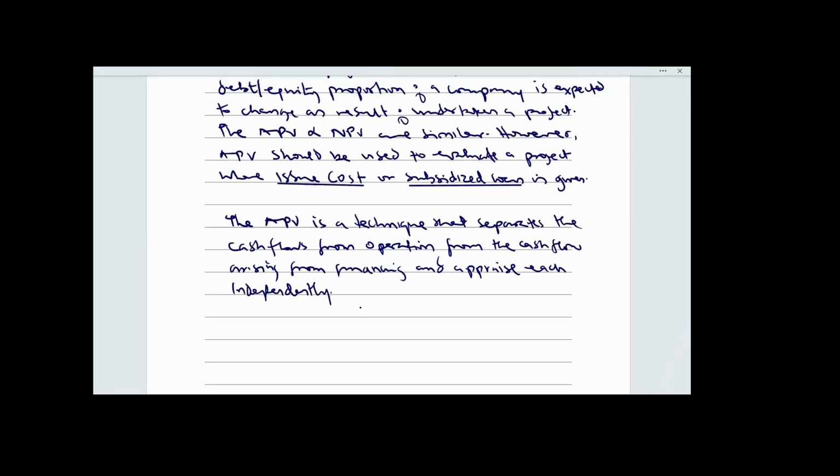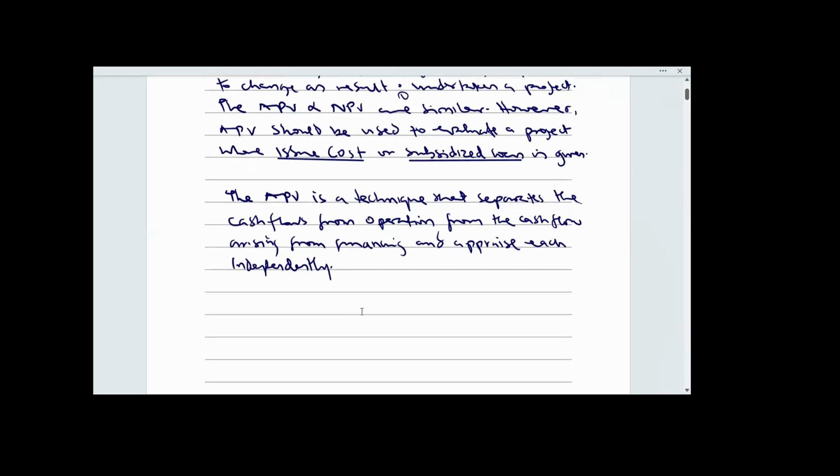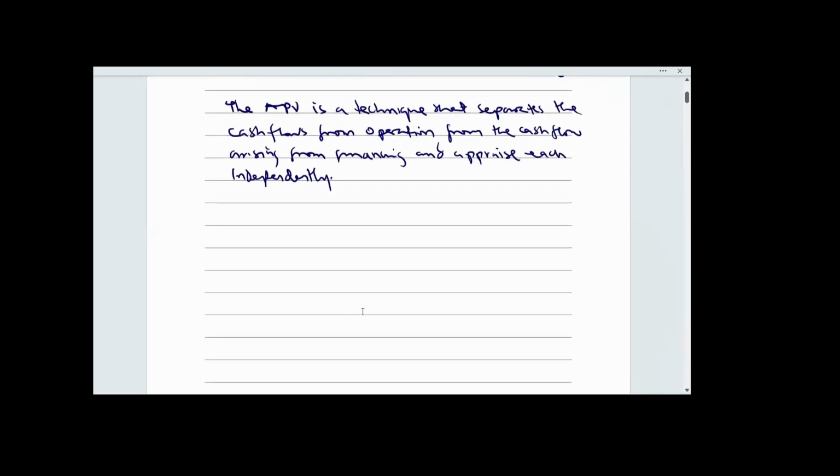So what we are saying as per APV is that when you want to use APV to evaluate a project, there are two stages. So the cash flows will be divided into two. One side is the cash flow arising from operation. The other side is the cash flow arising from financing. So you are going to evaluate the cash flow from operation separately. You also evaluate the cash flow from financing separately. Then you now marry the two together to get your APV.